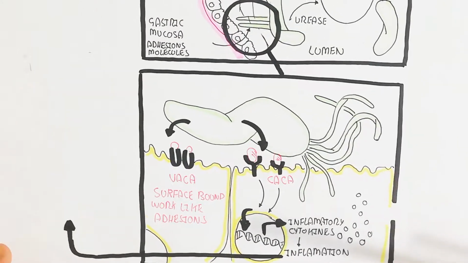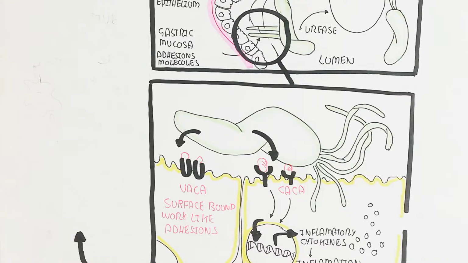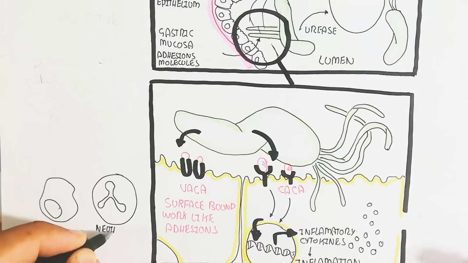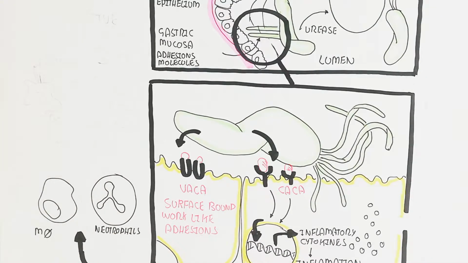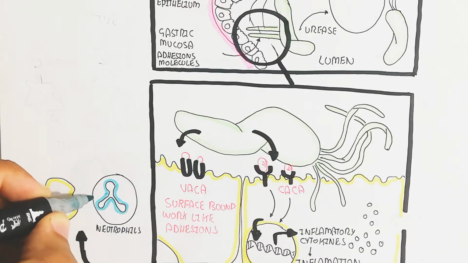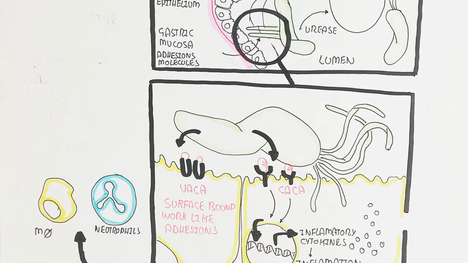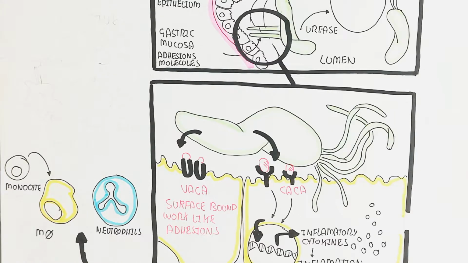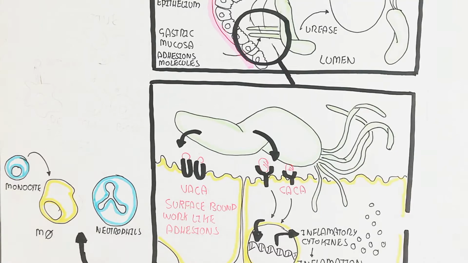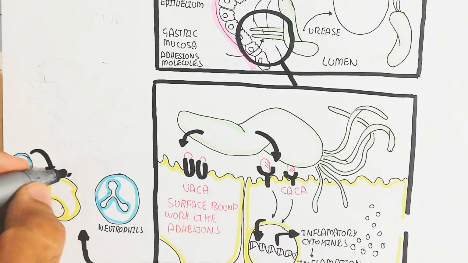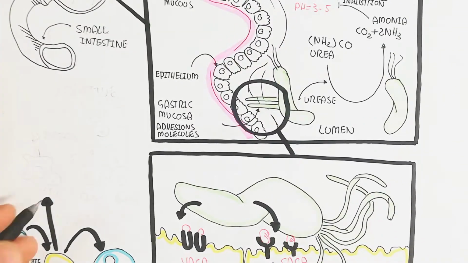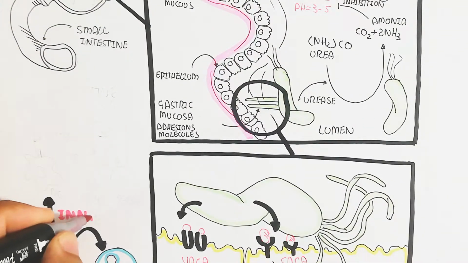So let's begin to understand the inflammation due to the immune system response, and how antibodies are produced against this infection. So this is the macrophage and neutrophil. The macrophage and neutrophil are recruited through inflammatory cytokines, engulf the bacterial content, and the natural killer cell also engulfs the bacteria.